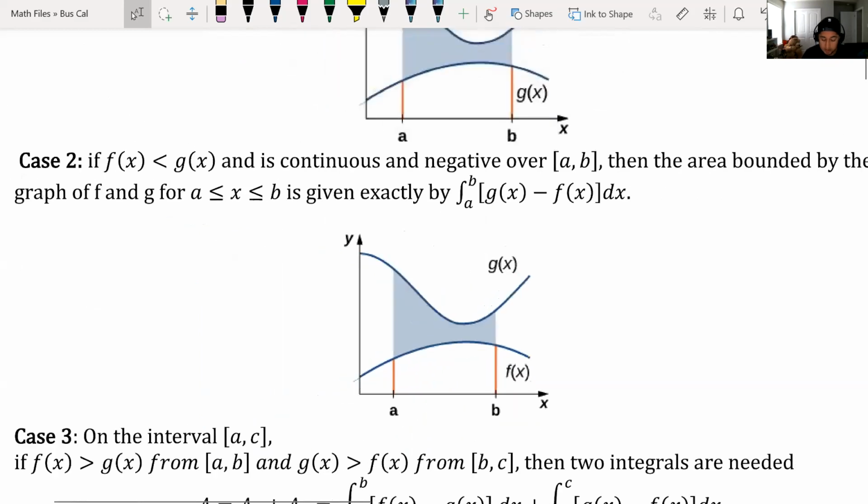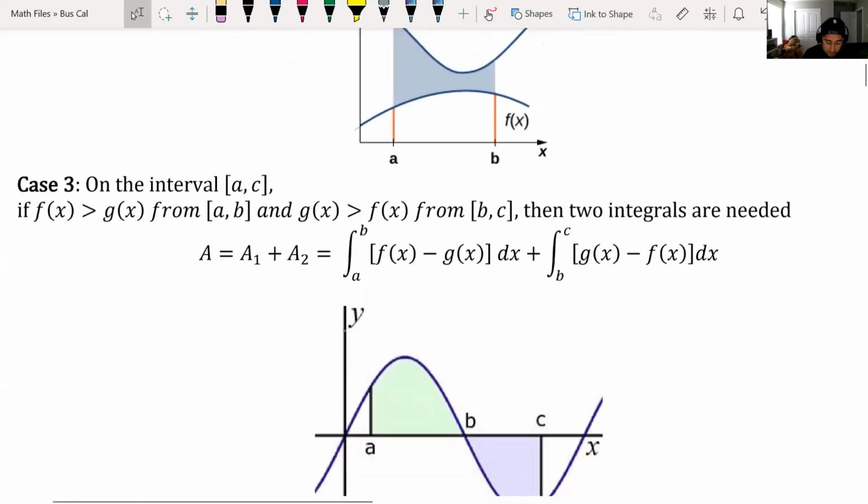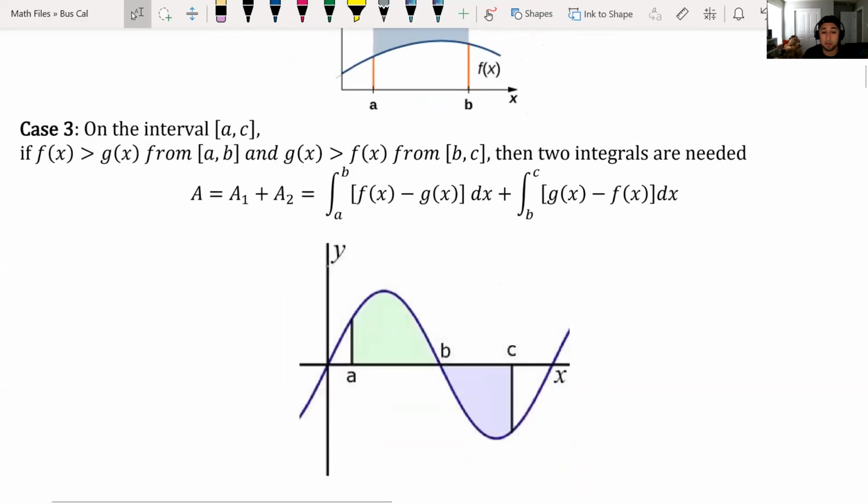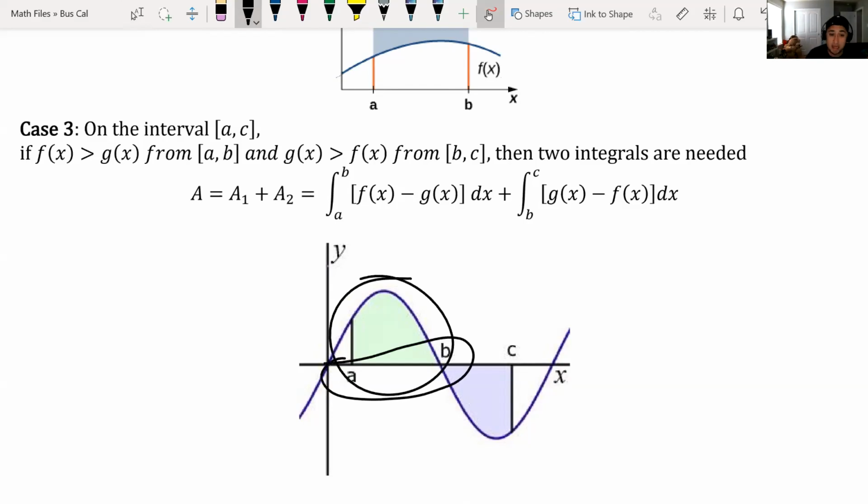Okay, that's case two. Case three, now on some interval AC, if f is greater than g from the interval AB, and g is greater than f on the interval BC, then two integrals are needed. So the area is going to be given by the area 1 plus area 2. So you see on this graph, from the interval A to B, we have one area.